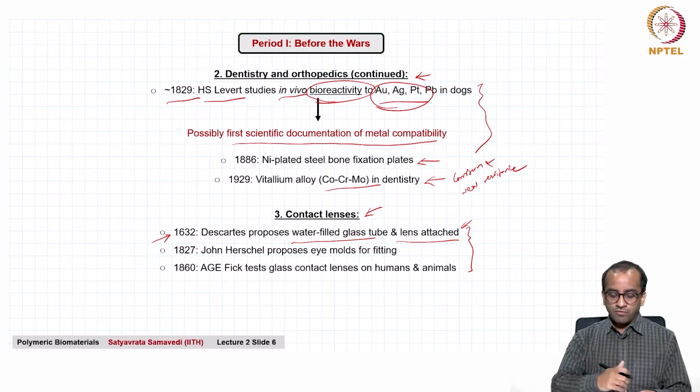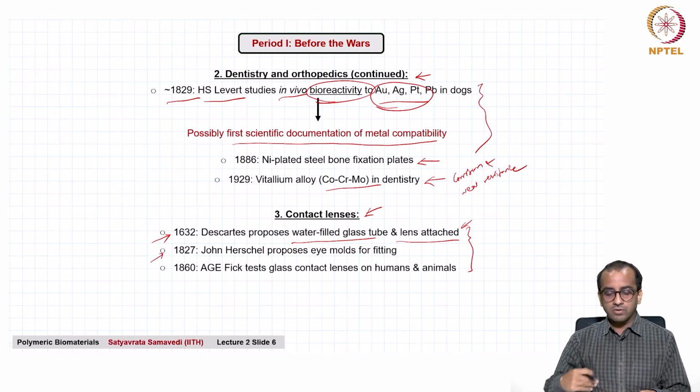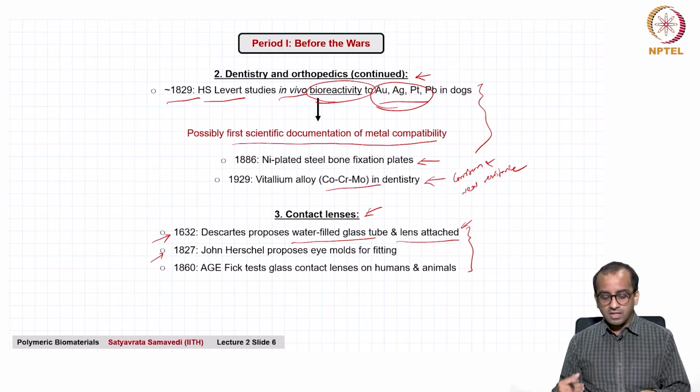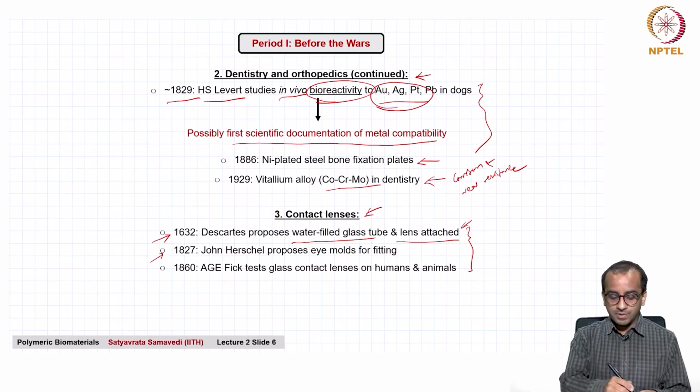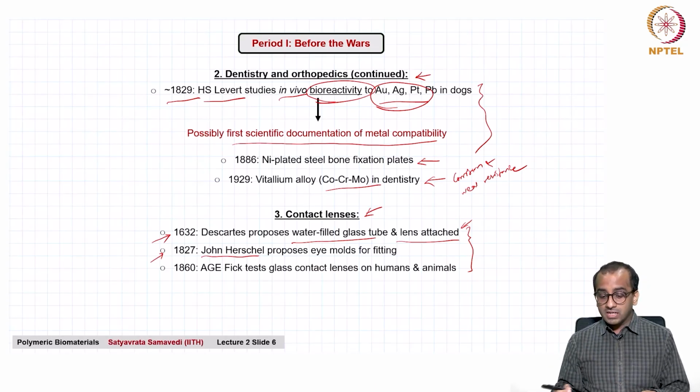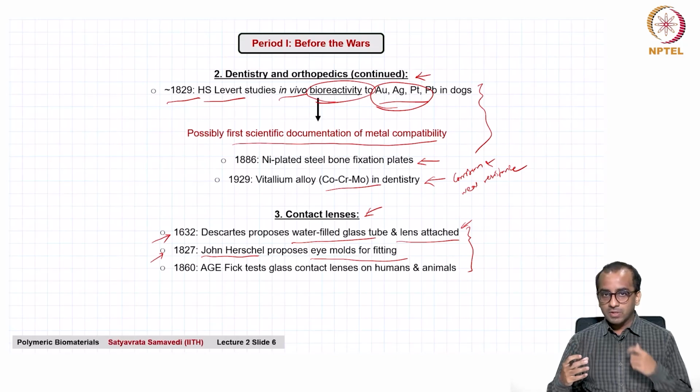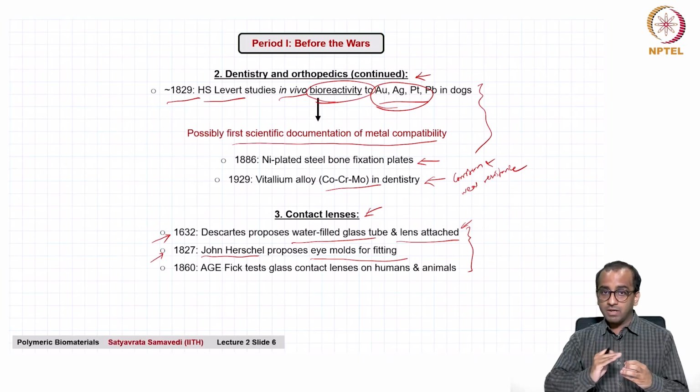Then you move forward around 200 years, and you have another person suggesting eye molds for fitting these lenses. This person is suggesting that to get a good fit, you could have molds where the glass can be made to fit snugly, such that the person eventually wearing it is able to use that glass reasonably well.